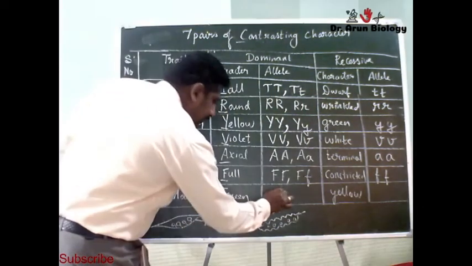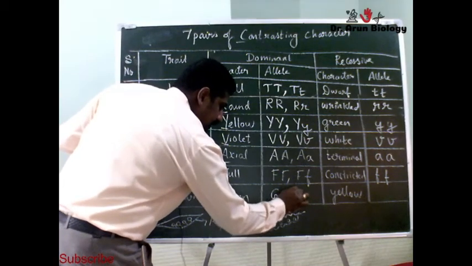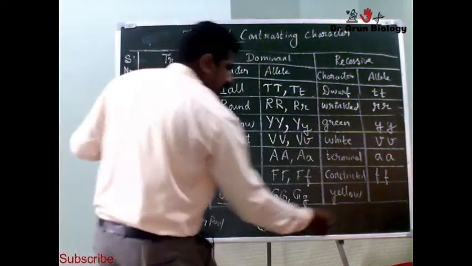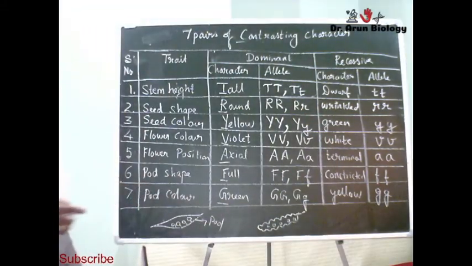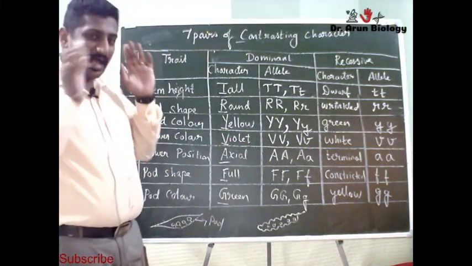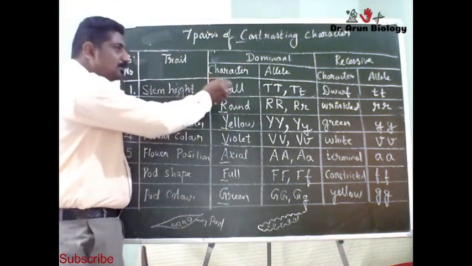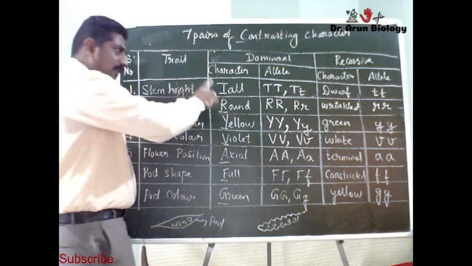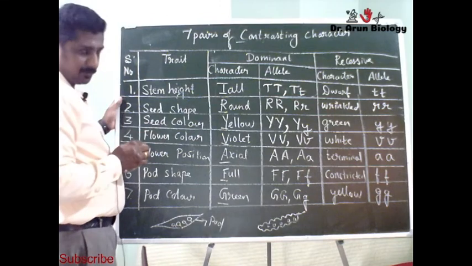Pod color: capital G, small g. So never try to use the recessive character for assigning the symbols. While assigning symbols, take only the dominant trait, put it in a capital letter, and for the recessive trait, put a small letter. That is how we have to put it here.